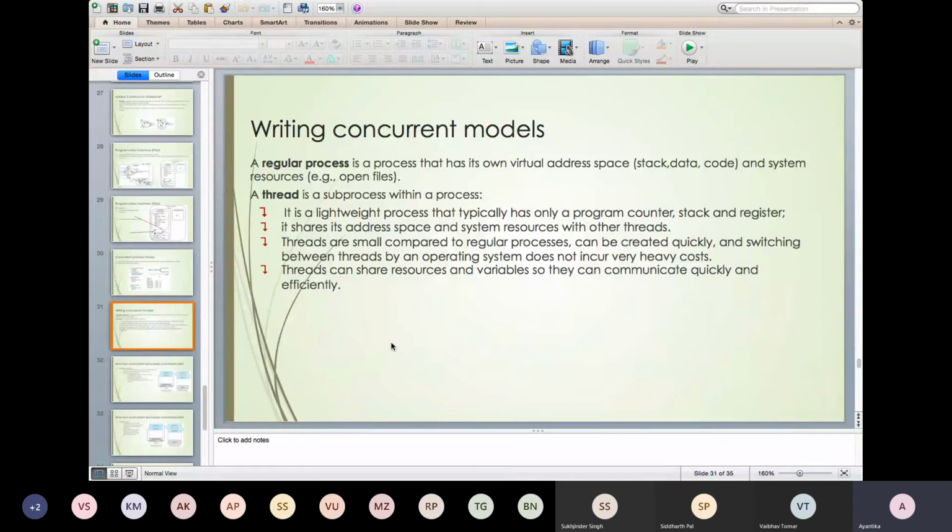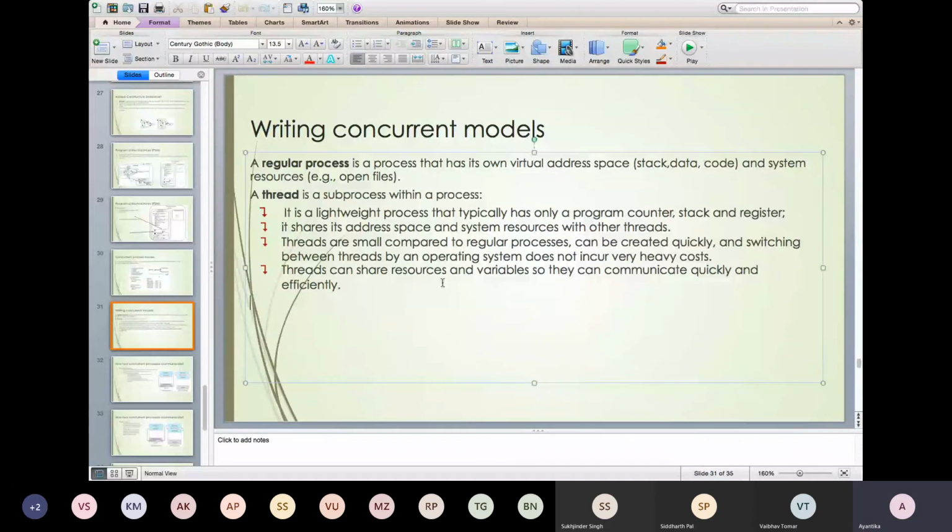If you create multiple threads from one process, these threads share many things. They share the address space and system resources, and creating and storing these threads is not as costly.